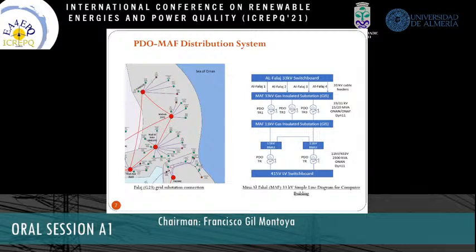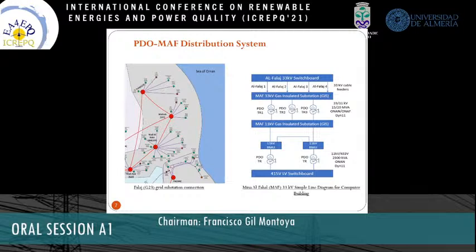Hence, PDO Mina Al Fahal 33 kV gas insulated substation is connected to the MEDC network via Al Falaj 132 over 33 kV substation by a 420 MVA 132 over 33 kV power transformer rating, linked to the 33 kV switchboard and 33 kV cable feeder Al Falaj 124.